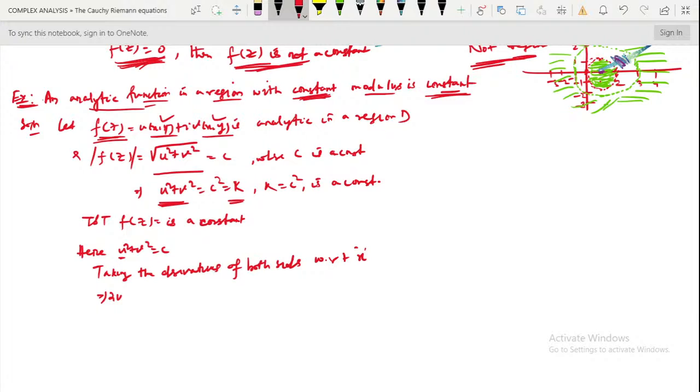So ux equals uy equals 0. This implies u is independent of x and y. This implies u is a constant. So similarly, we can show that v is a constant. Or you can remove this thing also.